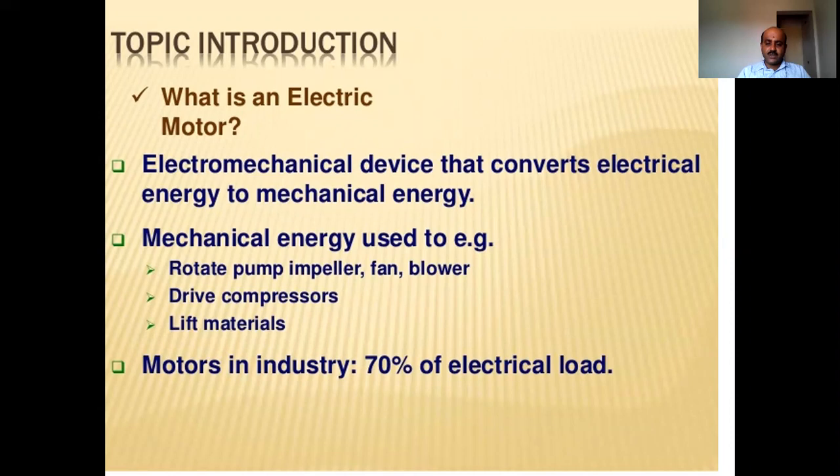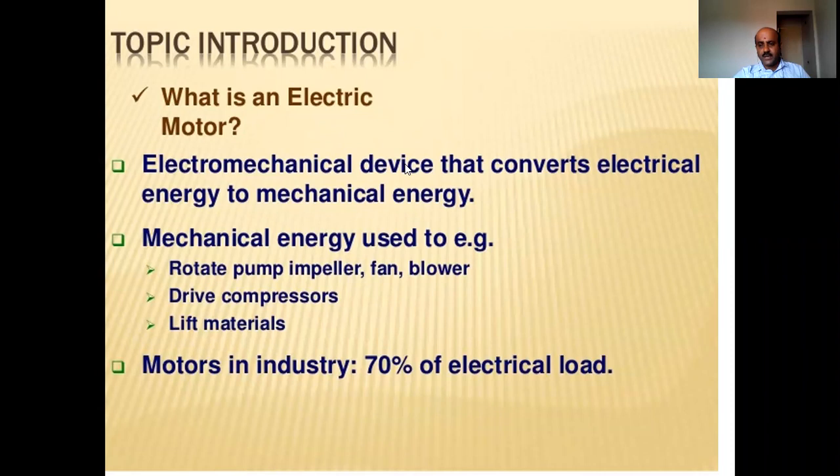Around 70% of the motors used in industry are electric motors. Wherever you go, you are going to see electric motors serving many purposes. This we will discuss one by one now. So, what is an electric motor?